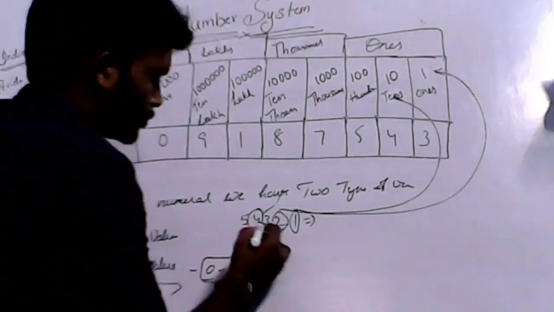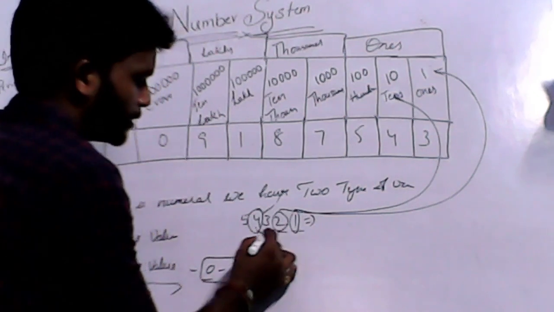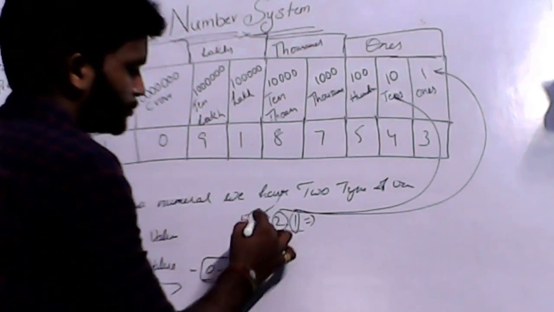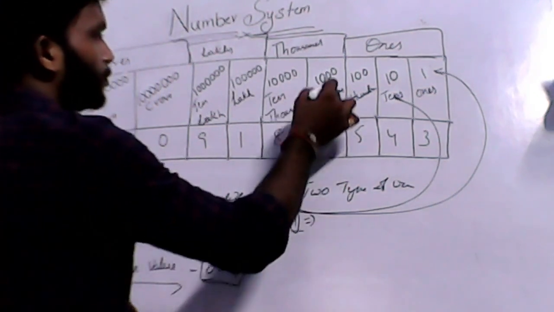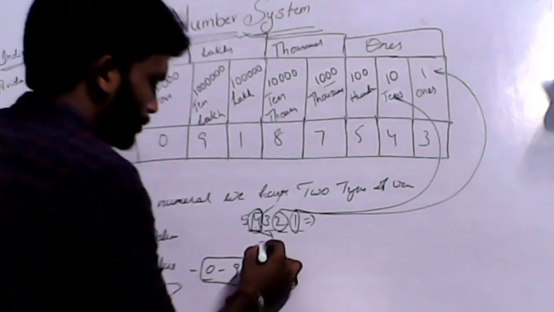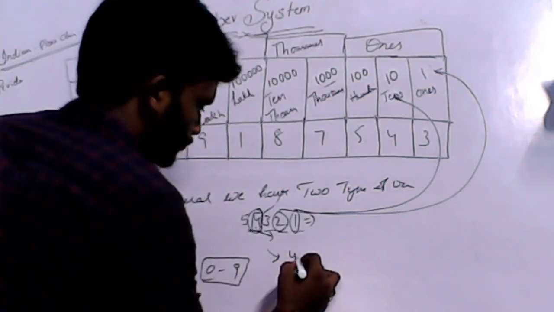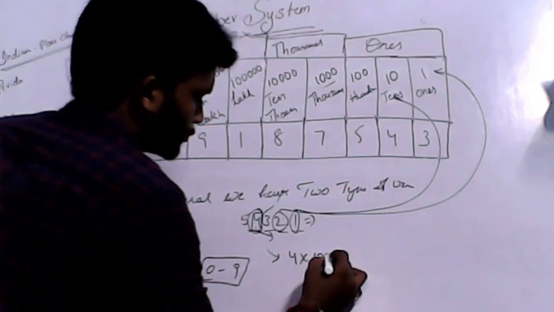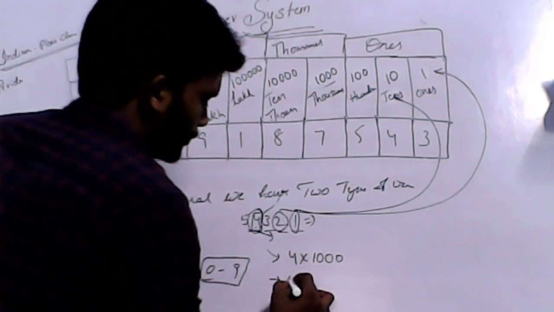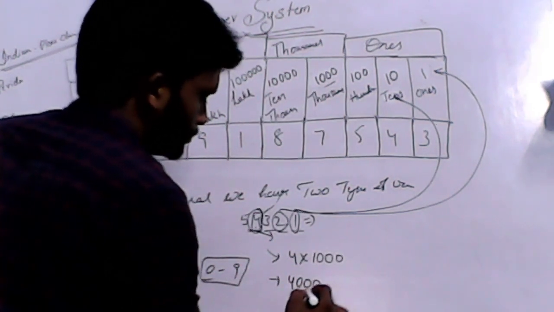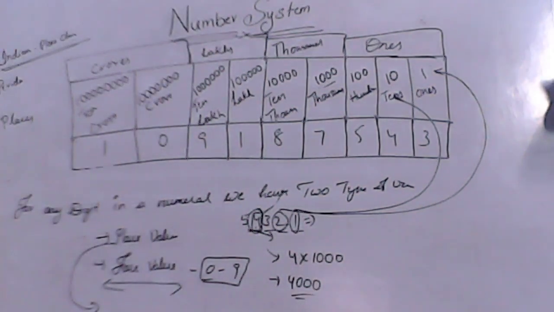Okay? So ones, tens, hundreds and thousands. So in thousands we have 1000. Then 4 into 1000, we will get 4000 as its place value.